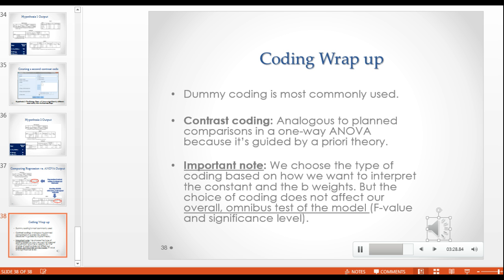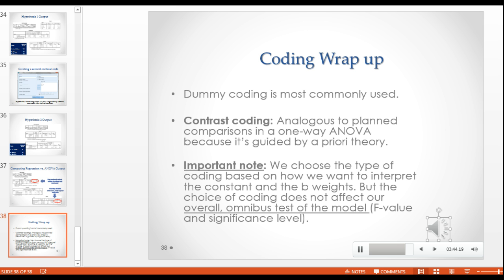So for a review on that, go back to the screencast where I talk about this B weight is positive because we coded these departments positively and they have the higher mean. And so whoever has the higher mean, the sign that you gave them is going to be the sign of the B weight.